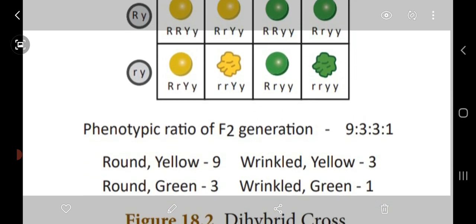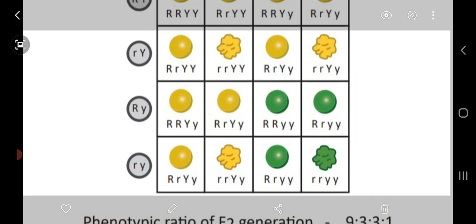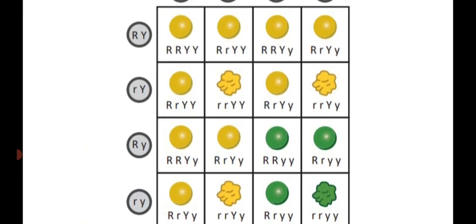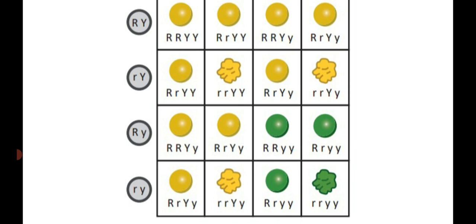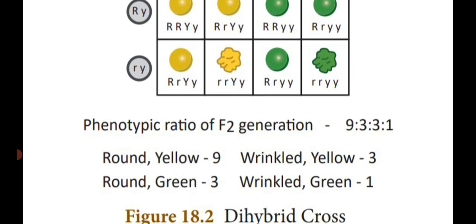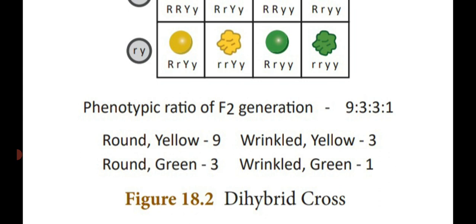Out of the 16 gametes, 9 are showing round yellow and 3 are wrinkled yellow. Then another 3 are round green and 1 is wrinkled green. So this is the ratio of the dihybrid cross, that is 9:3:3:1.